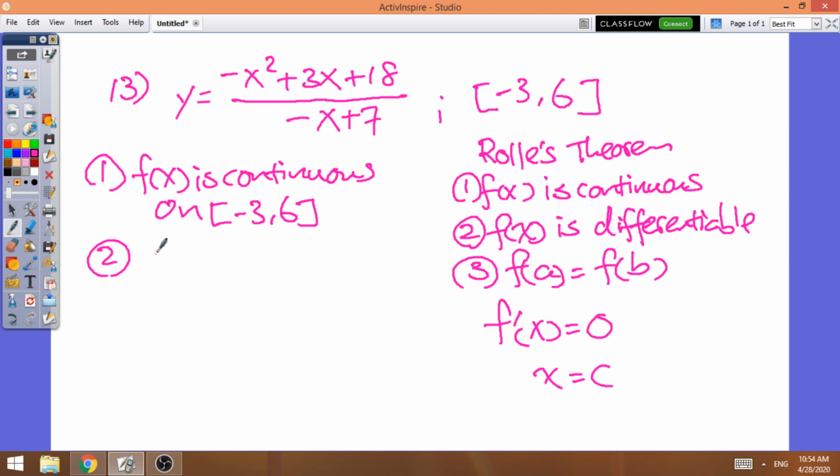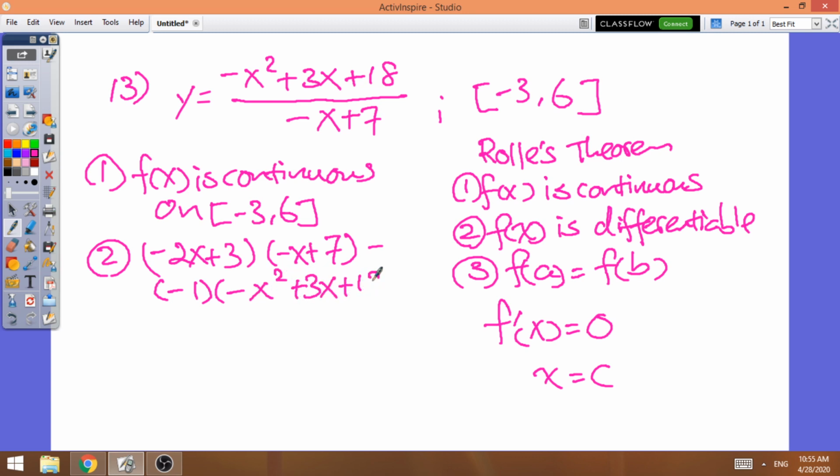We have negative 2x plus 3 times the quantity negative x plus 7, minus the derivative of negative x plus 7, which is negative 1, times the numerator, negative x squared plus 3x plus 18, all over the quantity negative x plus 7 squared. So it is differentiable. This is y prime.